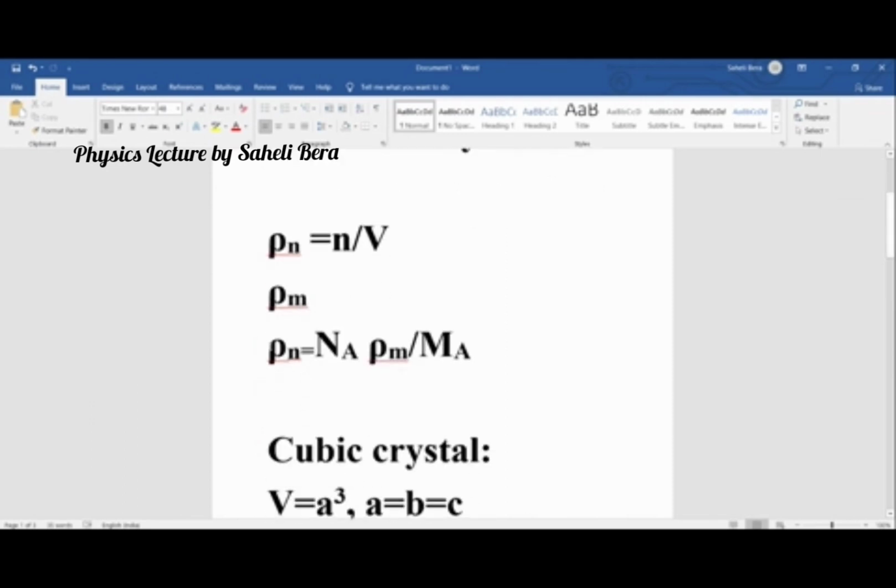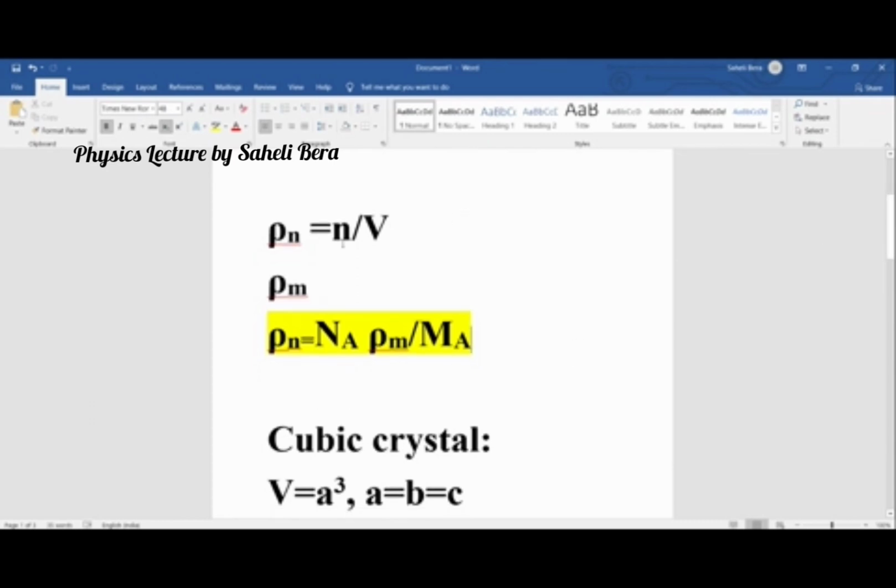Okay, now this is a very important formula. This is the number density and mass density and how they are related. You can relate it from here: rho n is the number of atoms per unit volume, and this is the mass, so mass of atom, or the total thing, mass per unit volume.